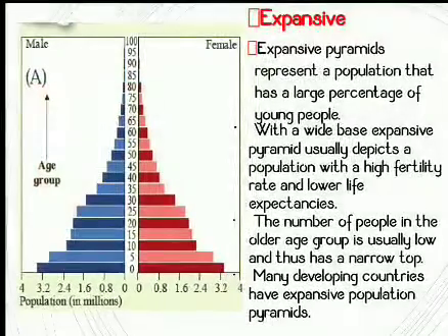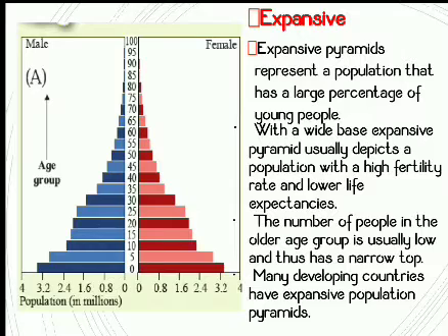This particular type of population makes you understand that the youngsters in that particular country will be more and the old people in that country will be less. So the expansive pyramid represents a population that has a larger percentage of young people. With a wide base, an expansive pyramid usually depicts a population with high fertility rate and lower life expectancy.